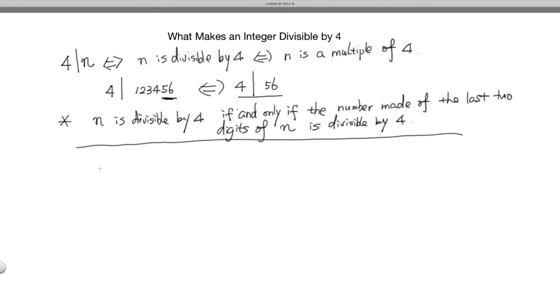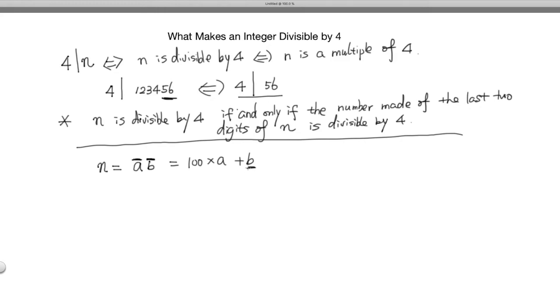To show it, let's separate n into two parts. There's the first part a, which is made of all the digits other than the last two digits. And then there's b, which is made of the last two digits. Equivalently, we can say that n equals 100 times a plus b.